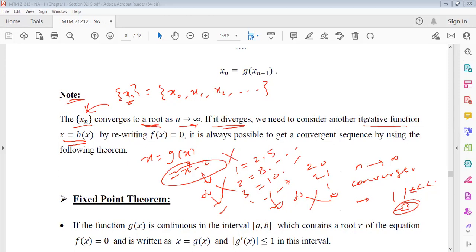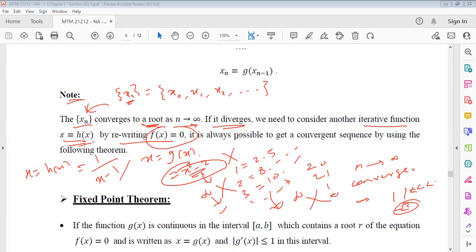Let's see how it is. Let's say I use another h(x), for example 1 over x minus 1. So there are choices; from your example, you can choose this one or this one. Then again rewrite f(x) equal to 0 and find that h(x).